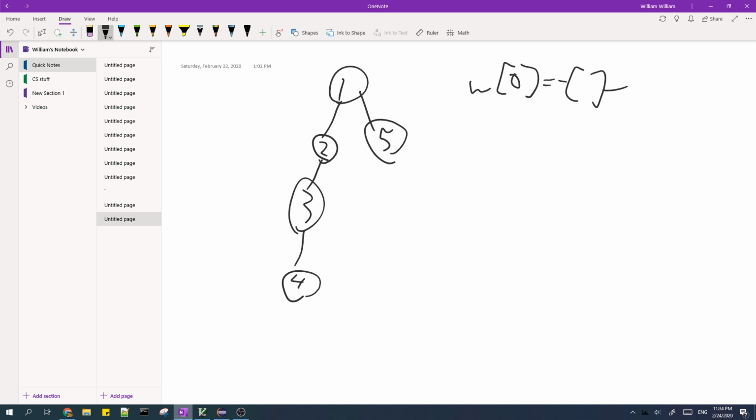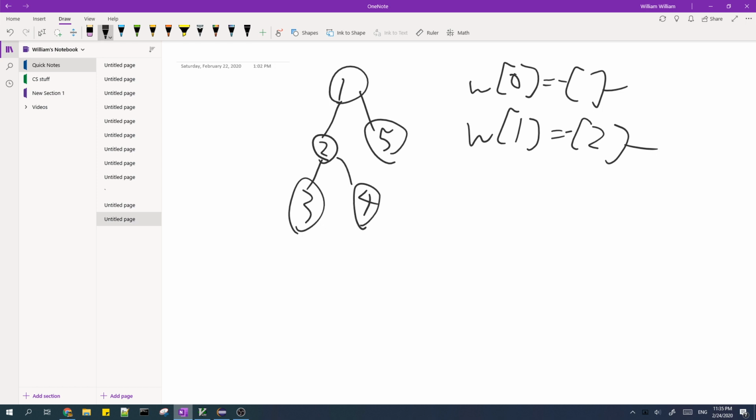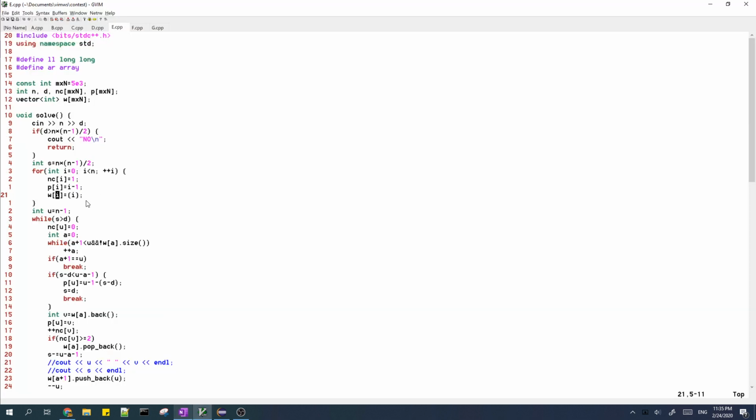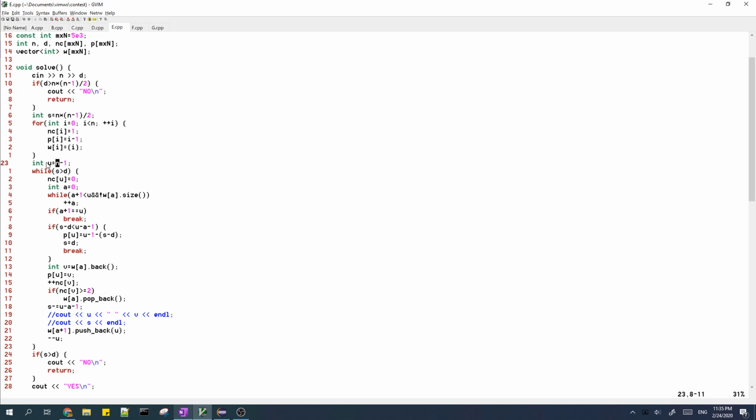And then we do the same thing for all of the other nodes. So this will be equal to 2 because 2 is available. But then when we move 4 up here, then 2 will not be available anymore. So this will become empty. And then what we do is we start from the last node.